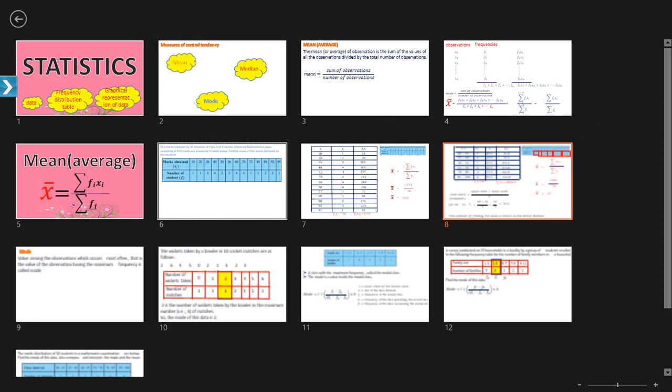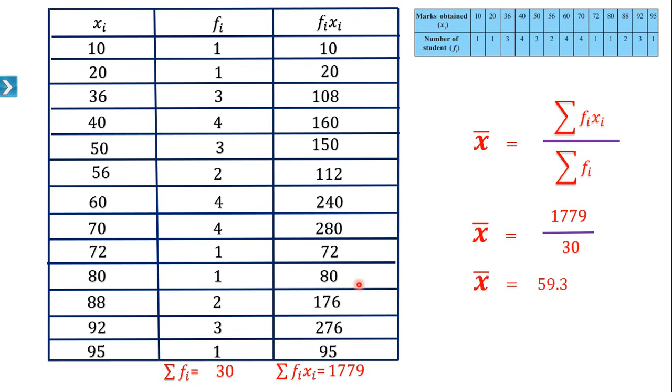Observe the previous value and this value. The previous value is 59.3. For the ungrouped frequency distribution, these are the actual marks, and we multiplied with frequency.